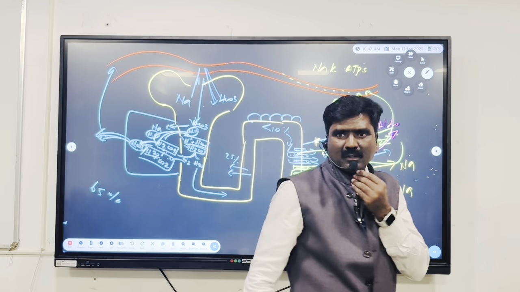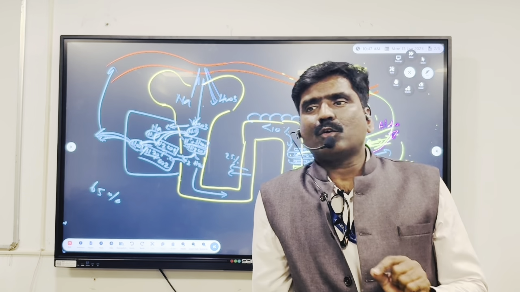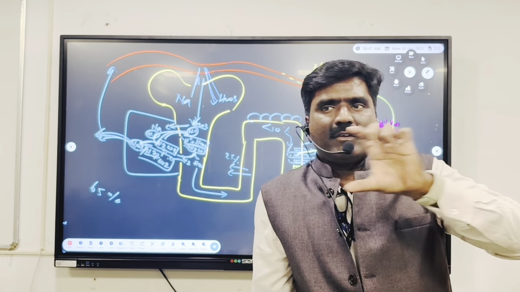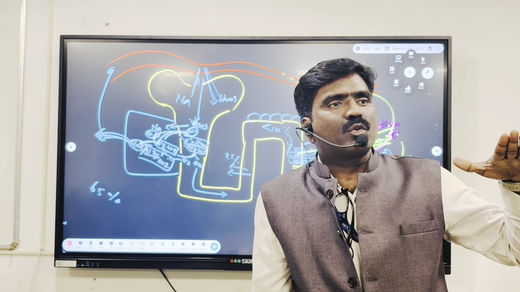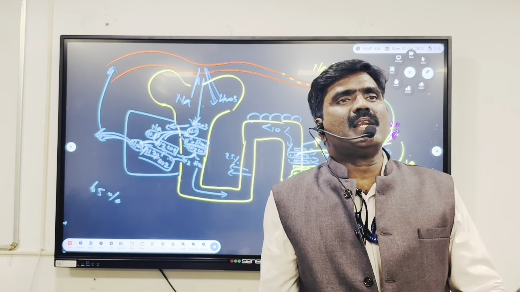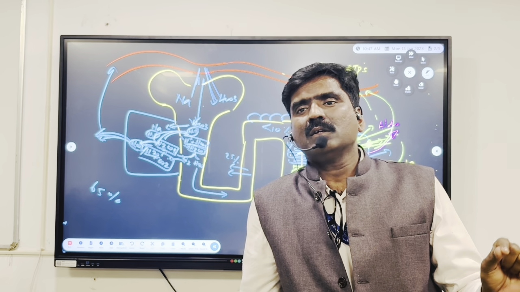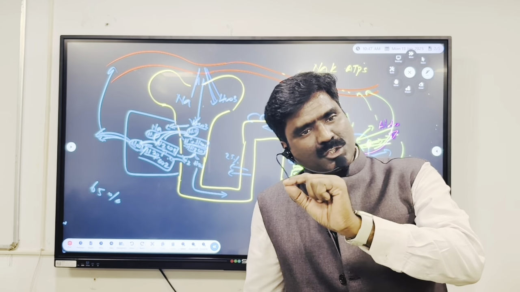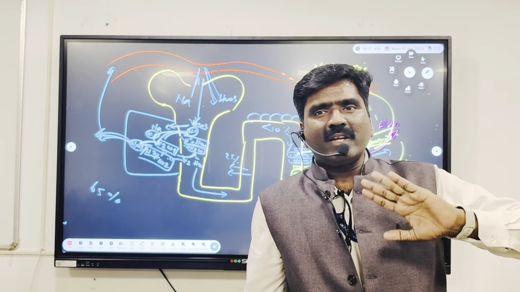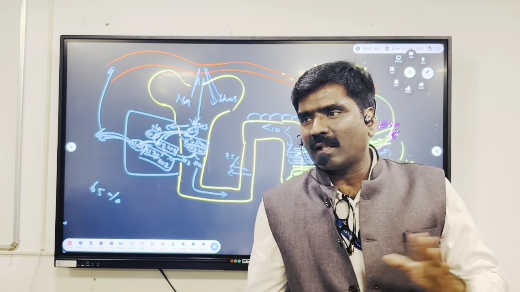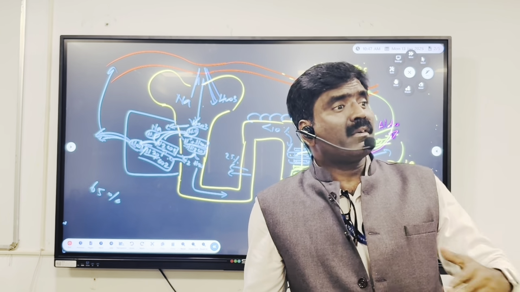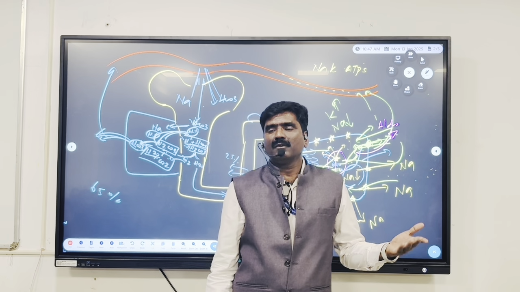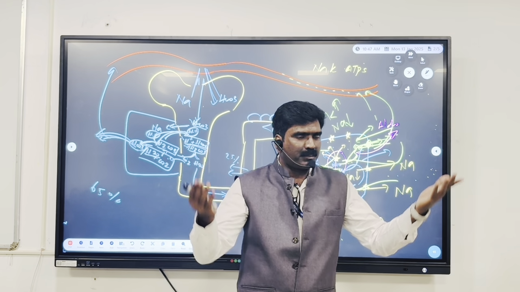Right? Any doubt? So this is the function of aldosterone. Basically, in simple terms, when blood pressure goes down, renin is released. Renin is the main cause for stimulation of A1, A2, aldosterone. A1 is an inactive protein; it does not do any work. But when A1 is converted into A2, A2 has many functions which try to increase the blood pressure.